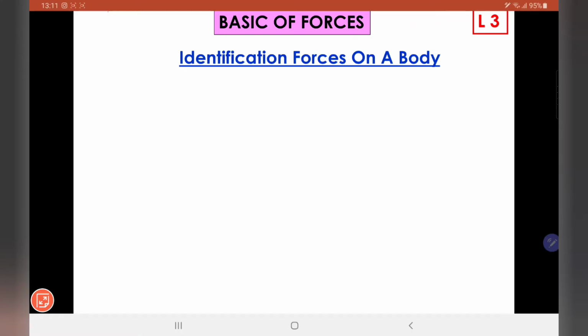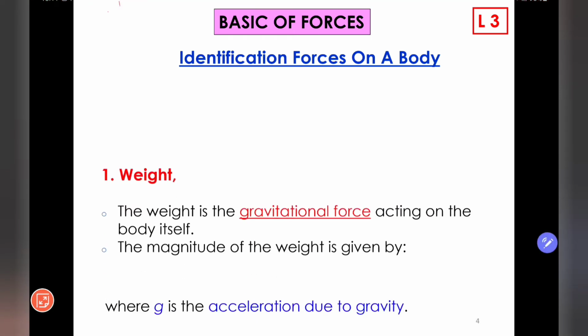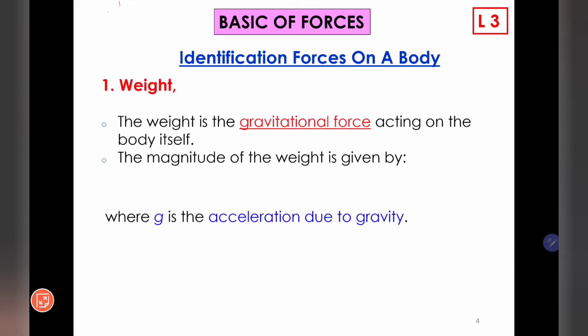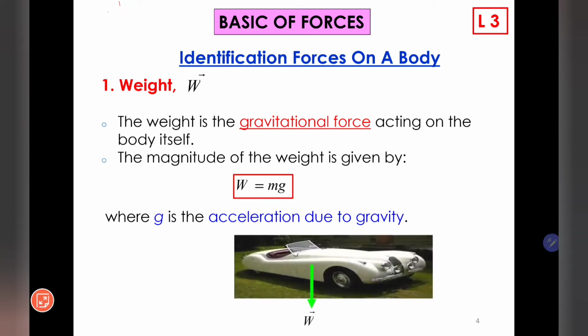Okay, let's start with the basics of forces. We need to know how many types of forces we have for this chapter. Let's start with the first one. The force given is weight. The symbol of weight is capital W. What is weight? The weight is the gravitational force acting on the body itself, and the magnitude of the weight is given by W equals mg, where g is the acceleration due to gravity.